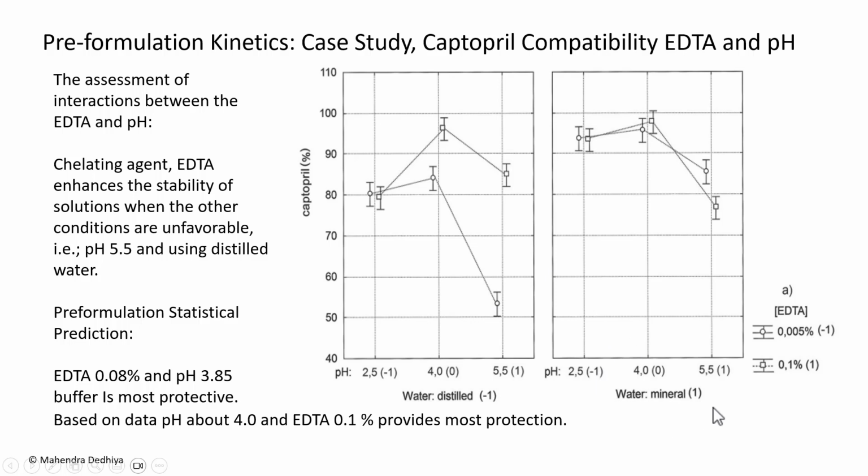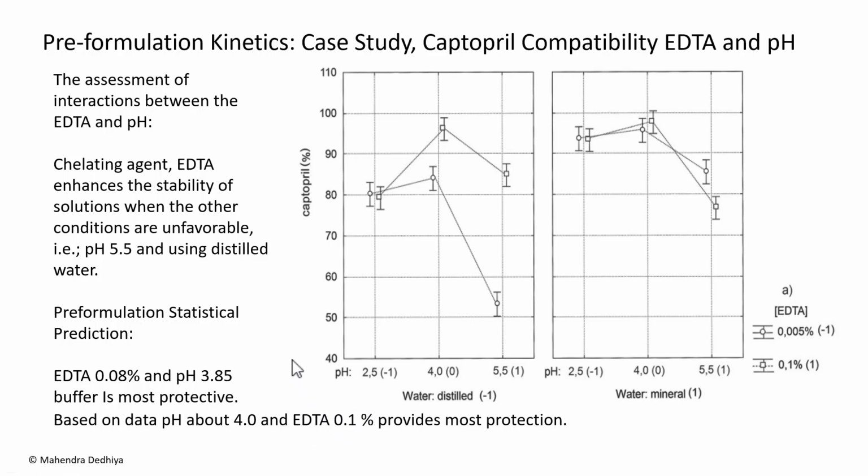Similar information is seen in mineral water. EDTA at 0.08% and a pH of 3.85 is the most protective. In real practice, a pH of 4 and EDTA 0.1% will provide the most protection.